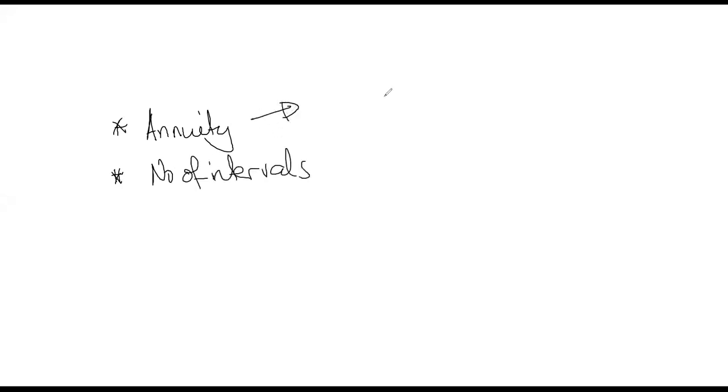Lastly, you need to know about what we mean by the term annuity, and also what we mean by number of intervals. An annuity is similar to the cash flows we were talking about, but with an annuity, it represents a series of payments.